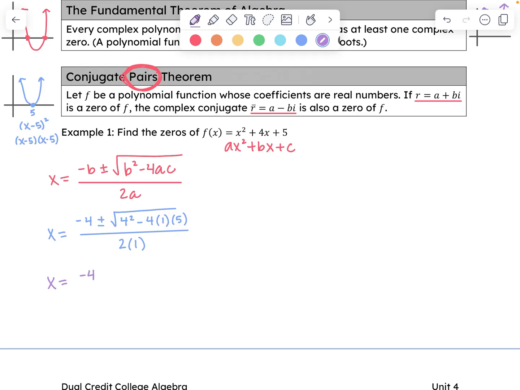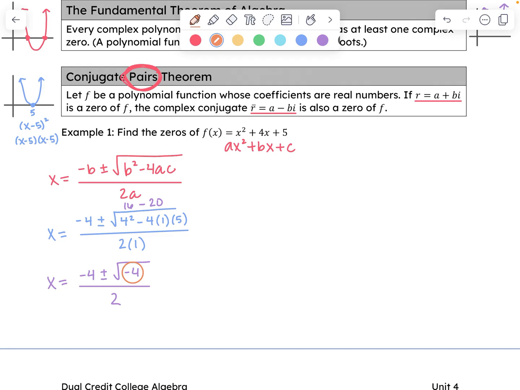So x equals negative 4 plus or minus the square root of 4 squared is 16 minus 4 times 1 times 5 is 20. 16 minus 20 is negative 4, and it's all over 2. And this negative 4 right here, that's where we're going to run into some trouble. Square root of a negative 4 is where our complex solutions are going to come into play.